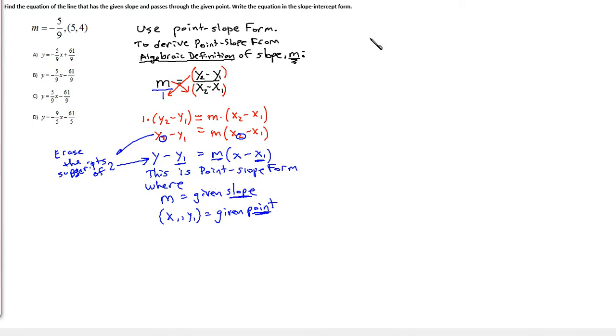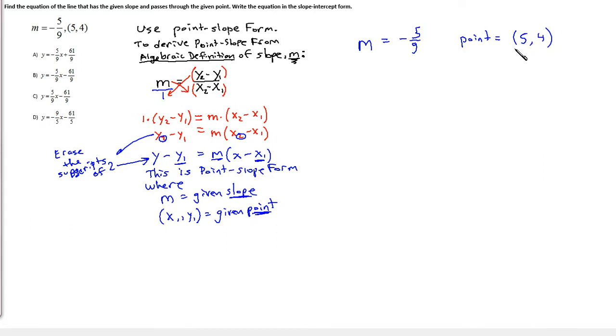So let's rewrite. Now we have the slope is negative 5/9, and the point we're being given is the point 5, 4.